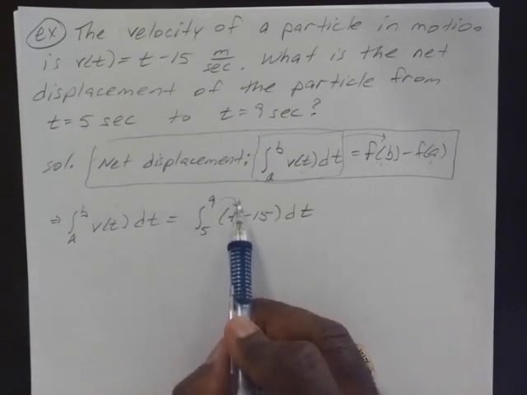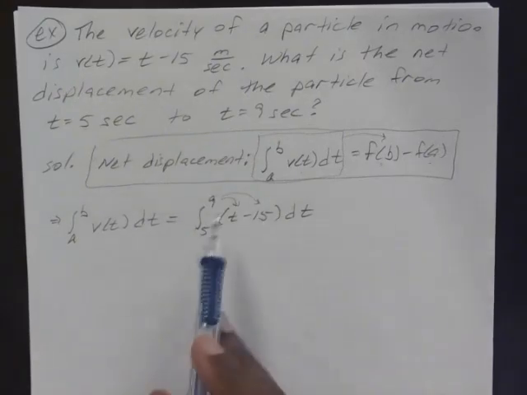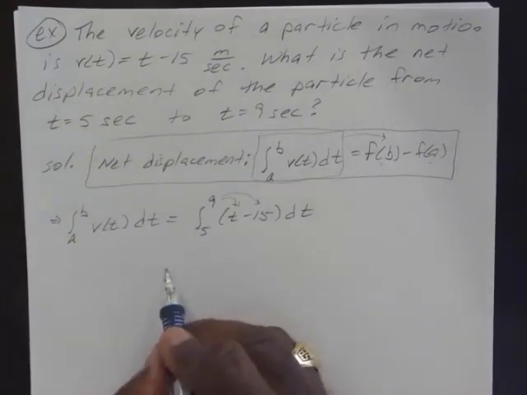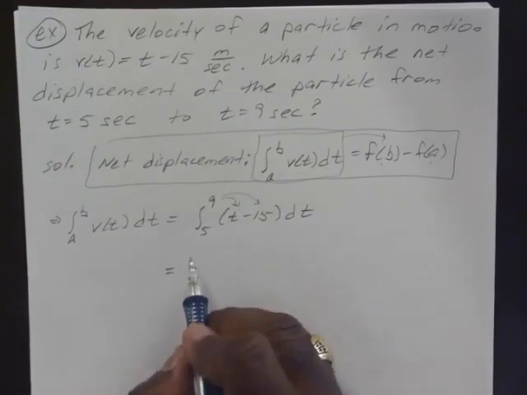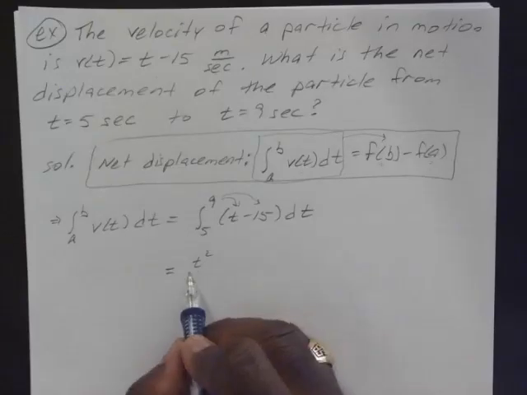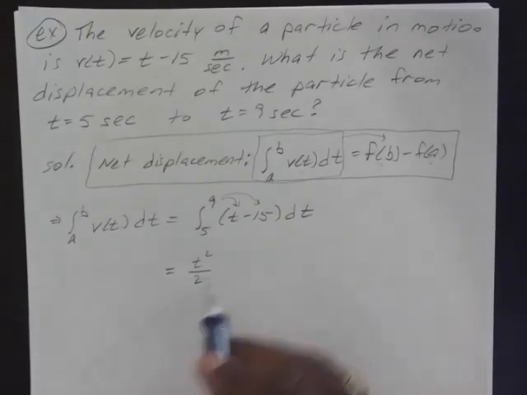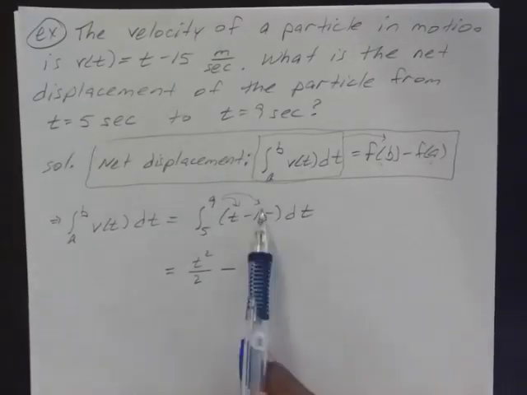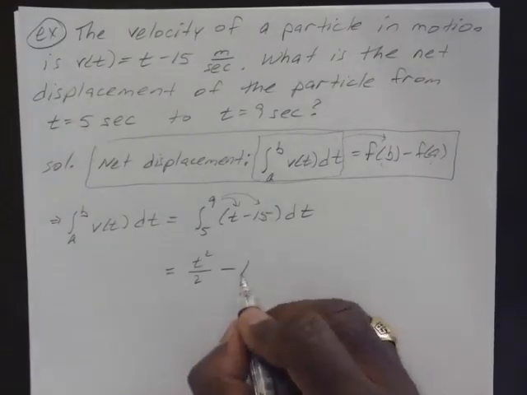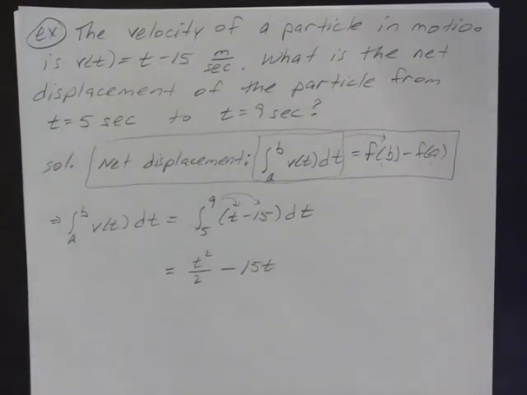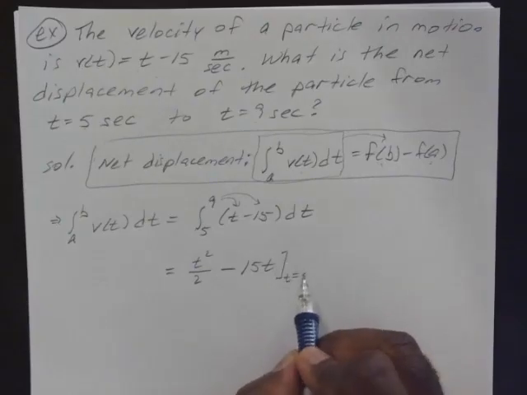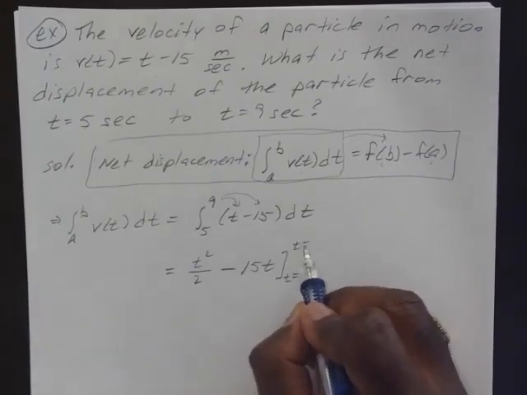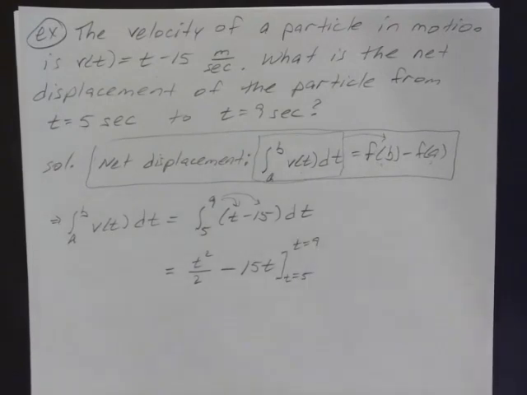If we integrate each term, the integral of t is t squared divided by 2, minus the integral of 15, which is 15t, from t equals 5 to t equals 9.